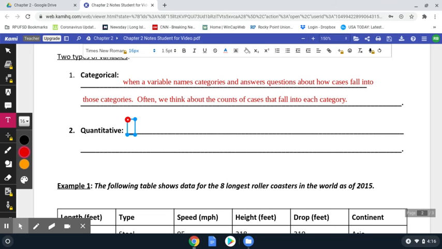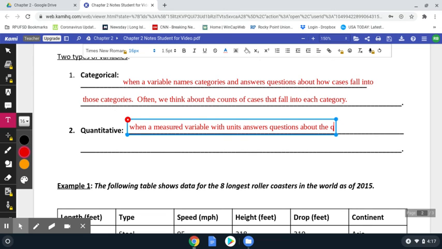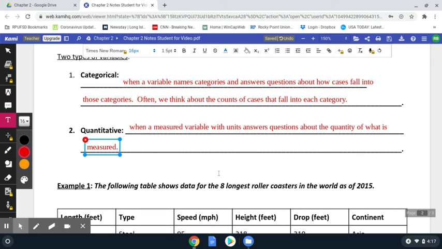So for a quantitative variable, we say it is a measured variable with units, and that's the key, you need units to go with it, that answers questions about the quantity of what is measured. Quantity of what is measured.